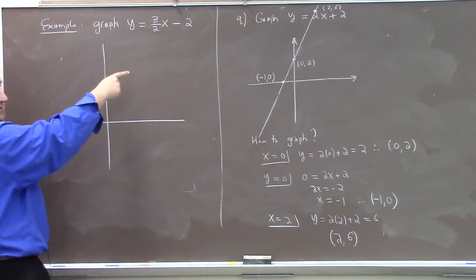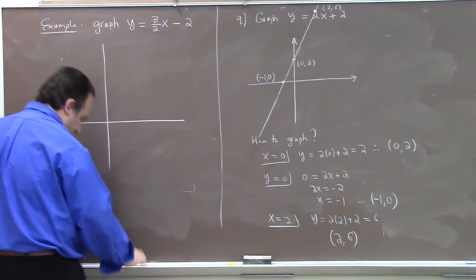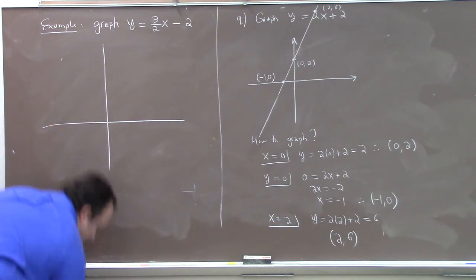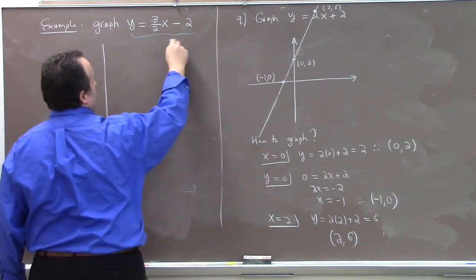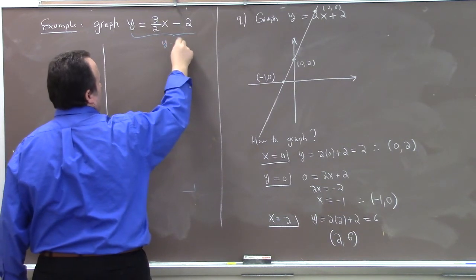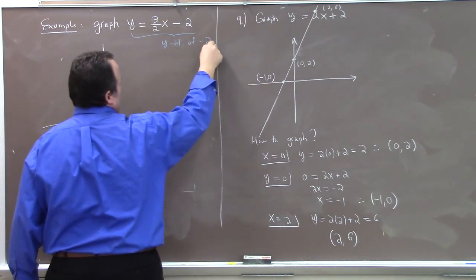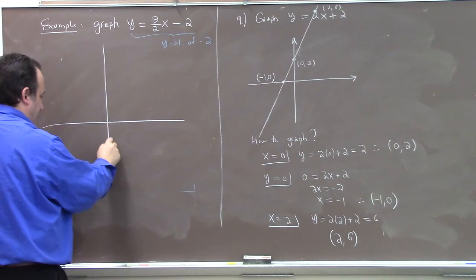So I look at this, I can tell two things from this. This has y-intercept minus 2, right?